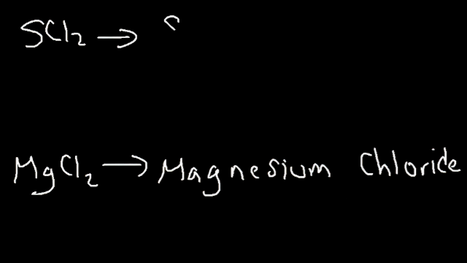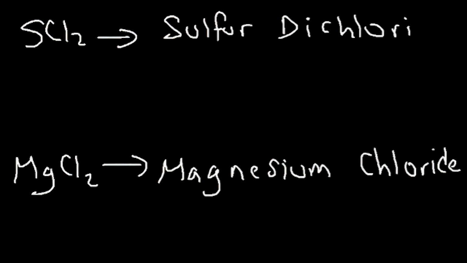SCl2 is known as sulfur dichloride. So why is it that SCl2 is sulfur dichloride, but MgCl2 is not magnesium dichloride, it's simply magnesium chloride? Why do we use the prefix di for this molecule, but we don't do it for this one?